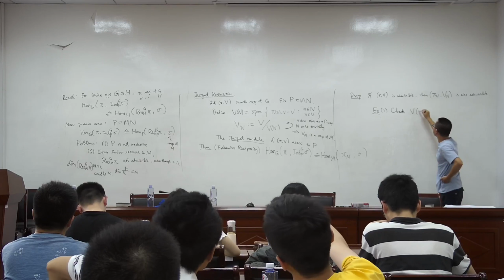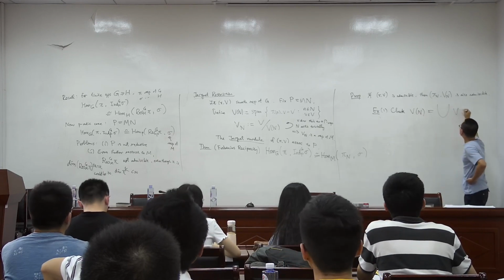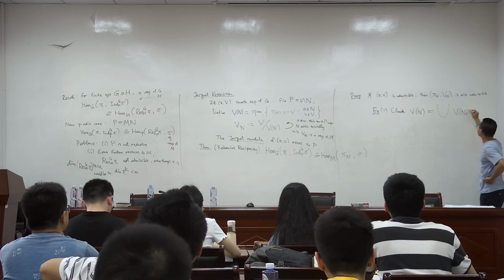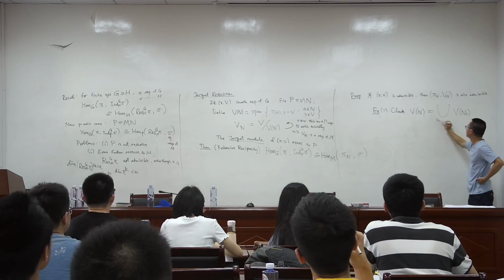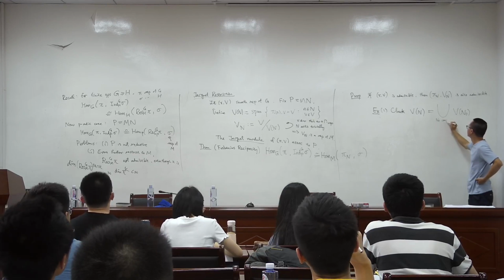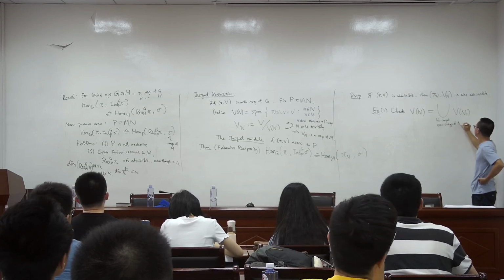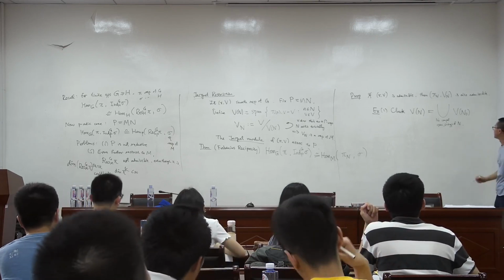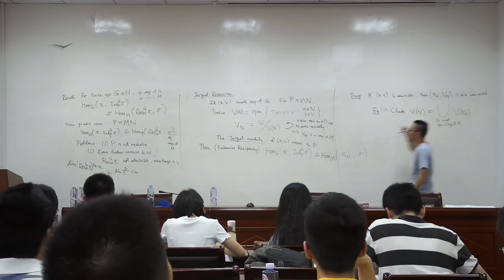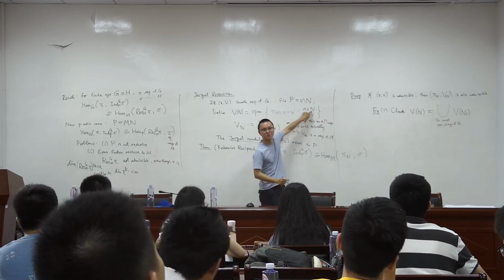This V(N) is equal to the union of all V(N0). What is that? N0 is a compact open subgroup of N. And the definition is just the same here, but you replace this N by N0.